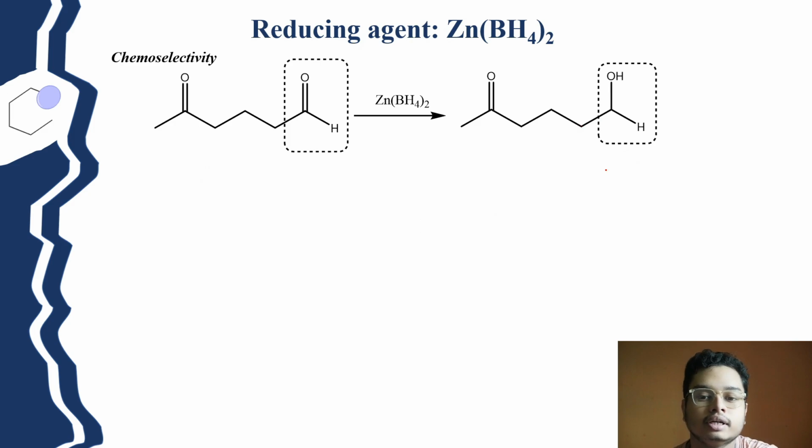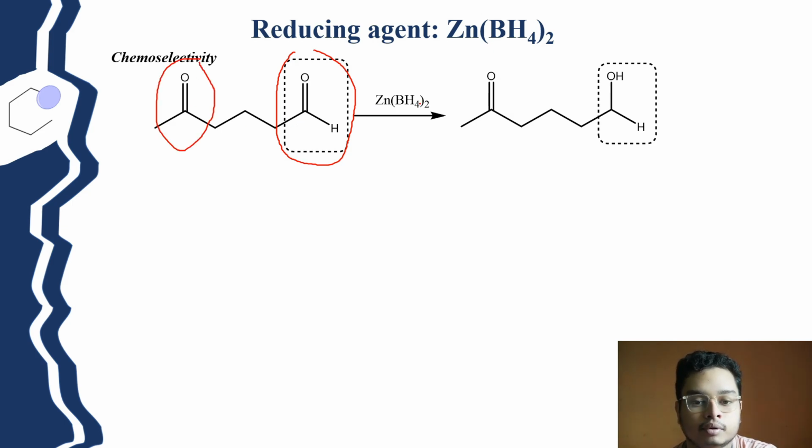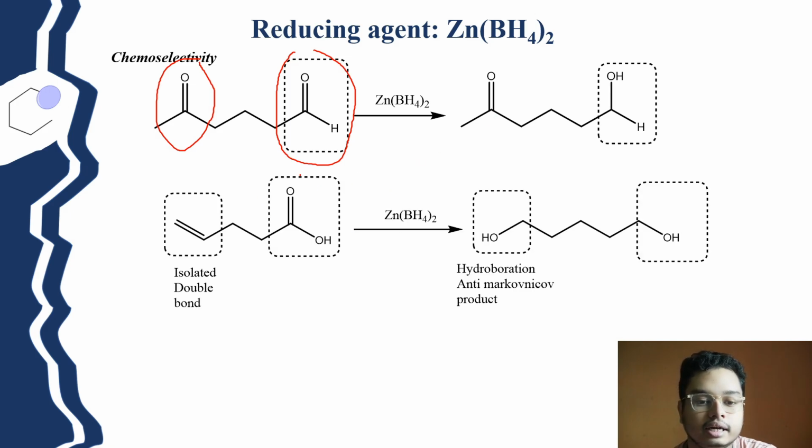Now let us talk about chemoselectivity. As I already discussed, if the starting material contains both aldehyde and ketone groups, then zinc borohydride selectively reduces the aldehyde group and leaves the ketone group intact. Here you can see this is our acid moiety and this is our isolated double bond.